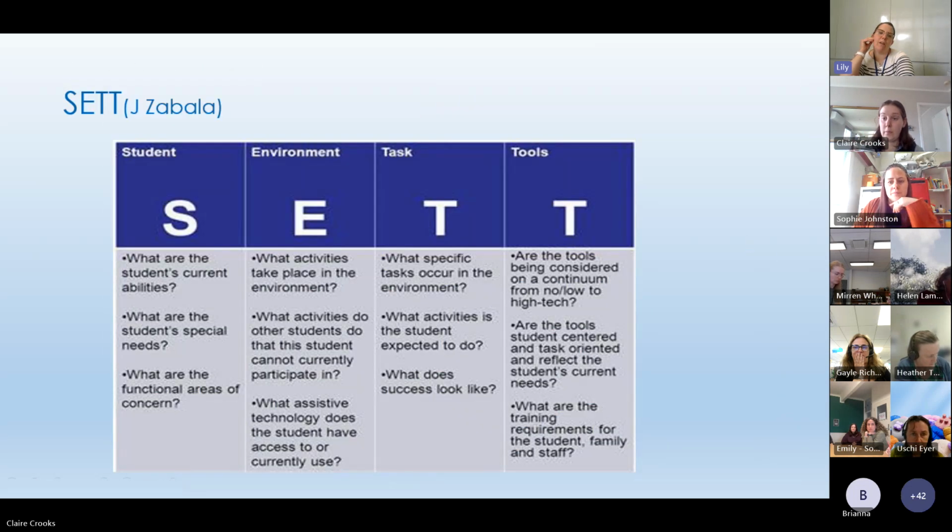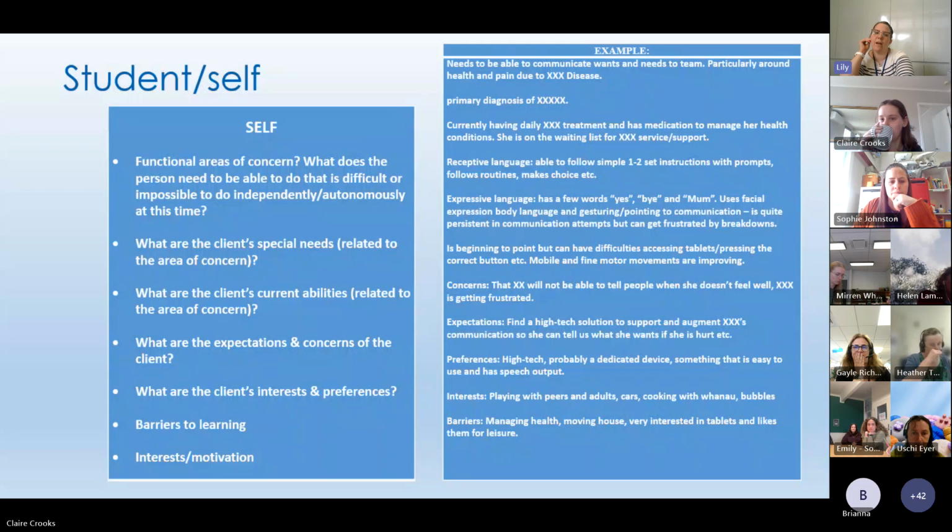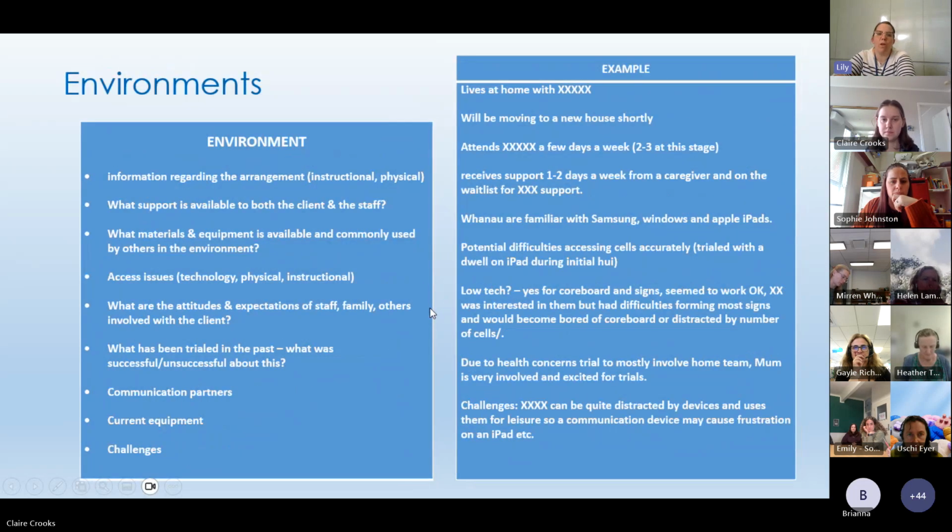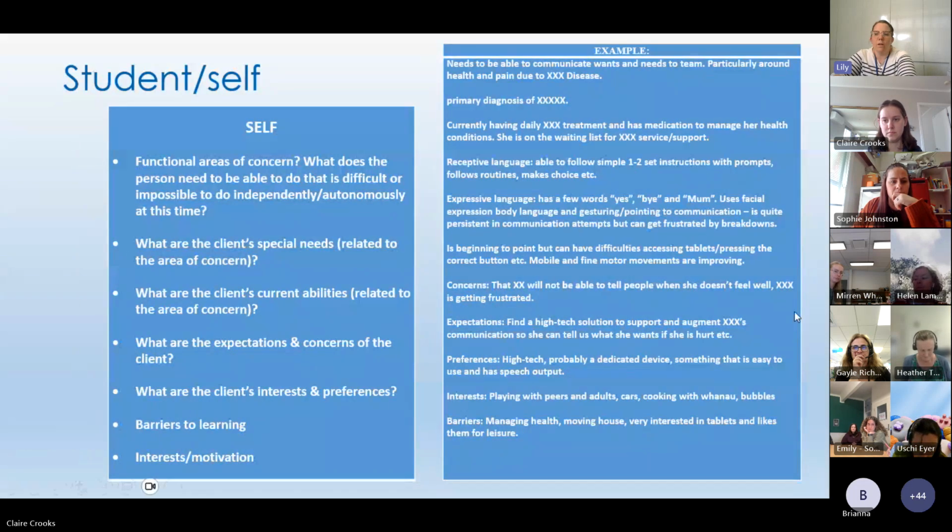And we're going to start off with the student or self. One thing that's really important to notice is that for those of us who maybe are working with people who are older, we wouldn't consider them to be students anymore.